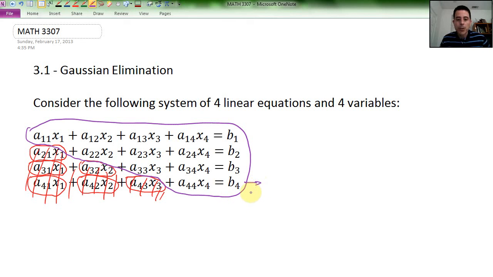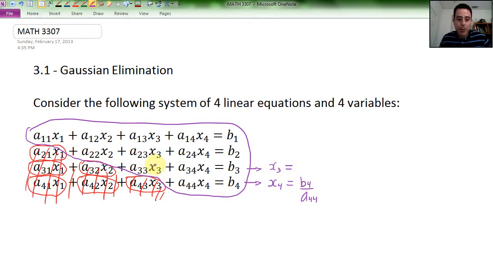So from this equation here, we go to the last equation and solve for x4 in this case. So this would be b4 over a44, right? Once we get x4, then we can easily get x3 from the equation right above that one.